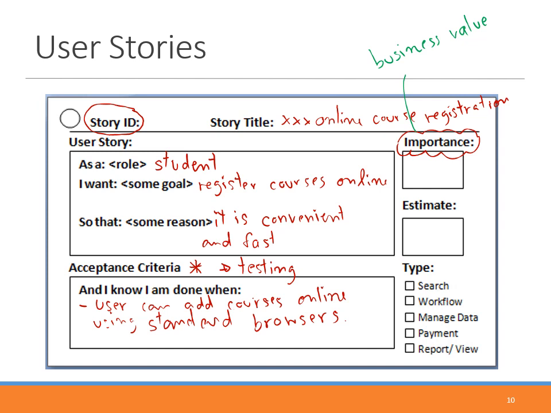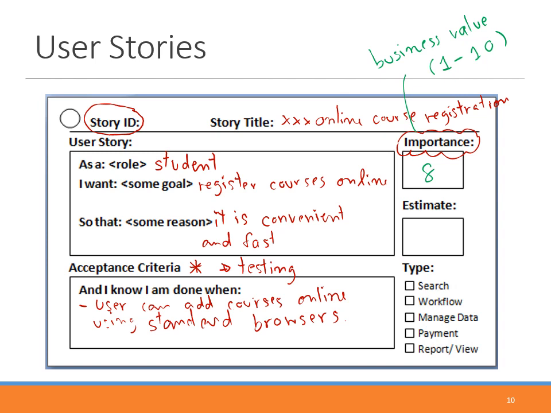So we should agree within the team, within the project, that the business value or the importance should have a range of values from 1 to 10, where the highest value means the most important one, something like that. So let's say, suppose this is our importance scale. For this one, suppose we say that the importance is 8. Okay, kind of very high.